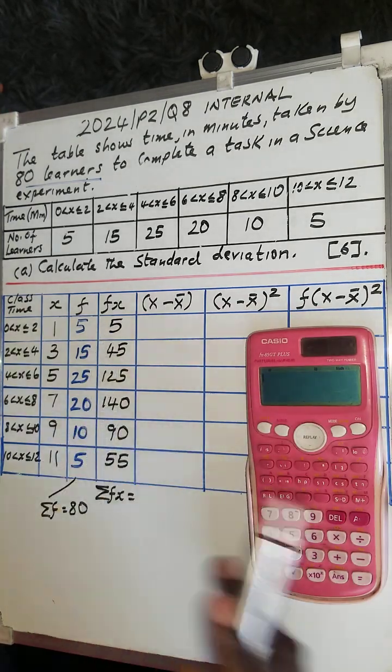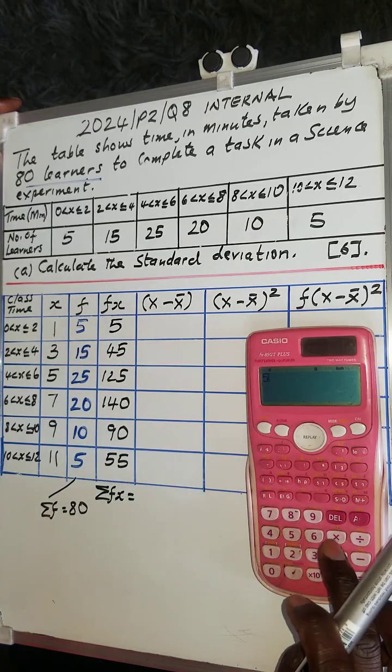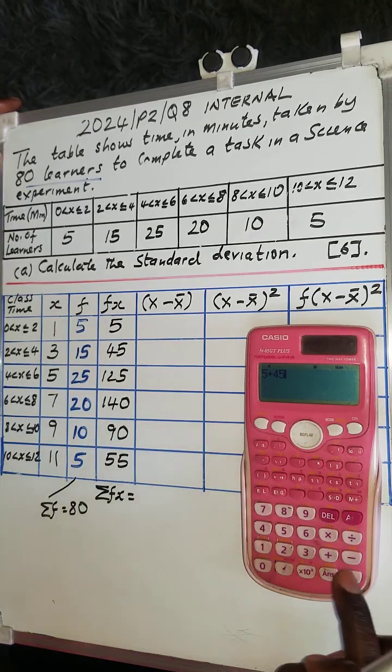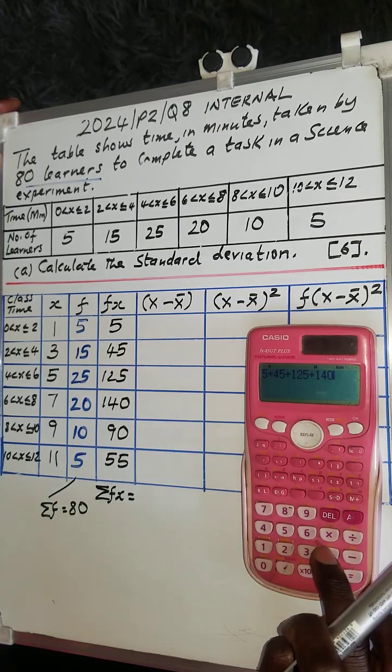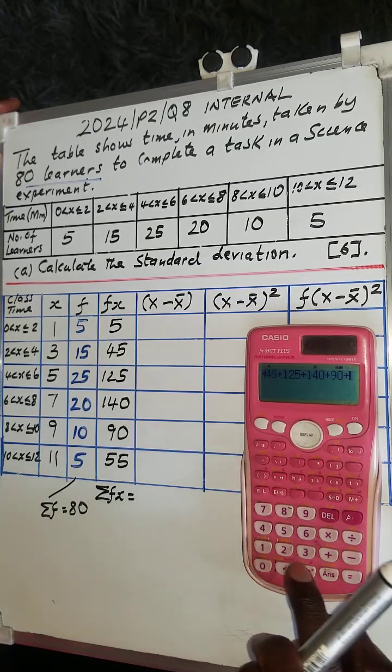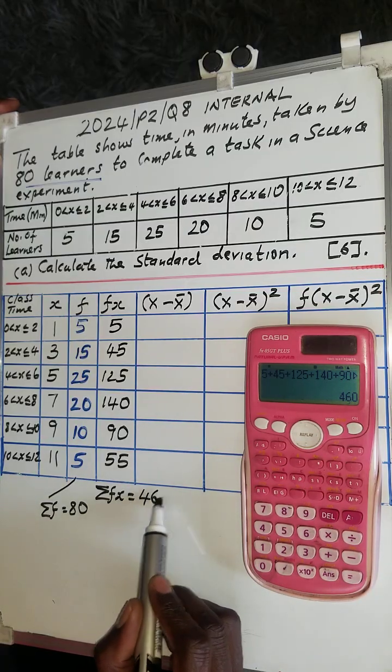So our job is simply to add the products fx. So that would be 5 plus 45 plus 125 plus 140 plus 90 plus 55. So what will that give us? It is giving me 460.